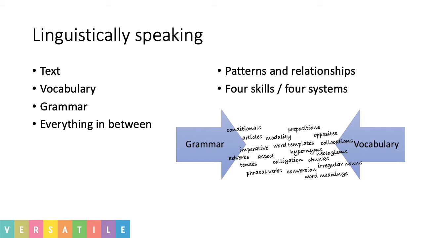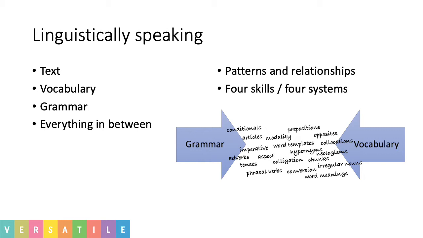The second and third aspects, vocabulary and grammar, are traditionally regarded as two quite separate areas, and in many cases they deserve to be. But there are also many aspects of vocabulary and grammar which are a little bit of one or the other. And that's why we have this continuum here.